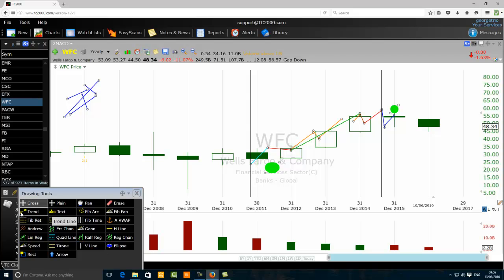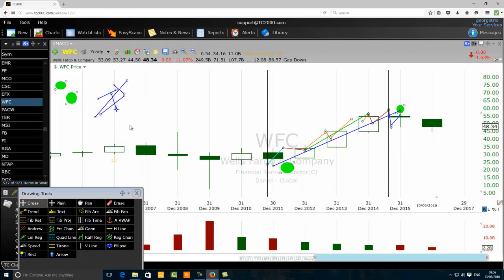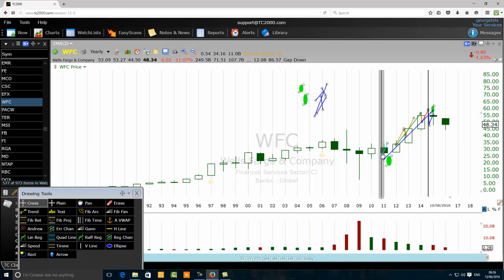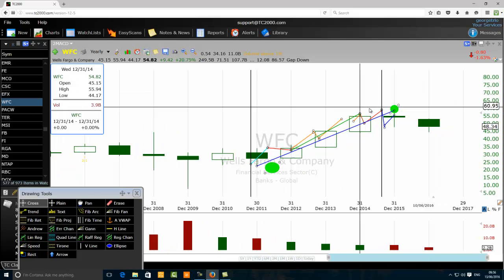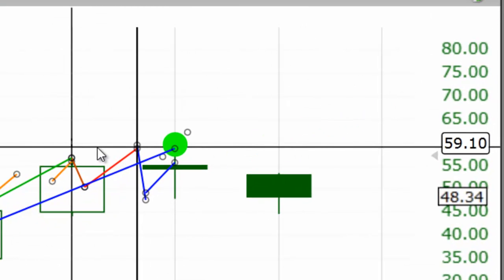On the yearly chart, you can see that the price went in a straight line up to this point. Agree? So on the yearly chart, Wells Fargo just went up in a straight line like this. That's where we are counting the wave. It went up in a straight line to the top here, which is exactly the top of my third Elliott wave. Can you see? That's the top of my fifth wave.